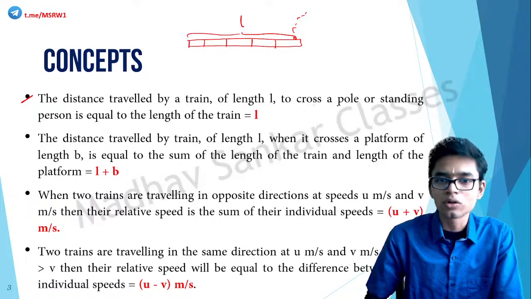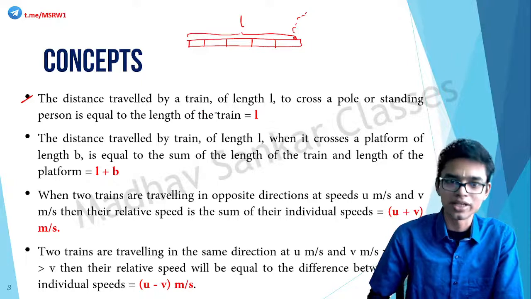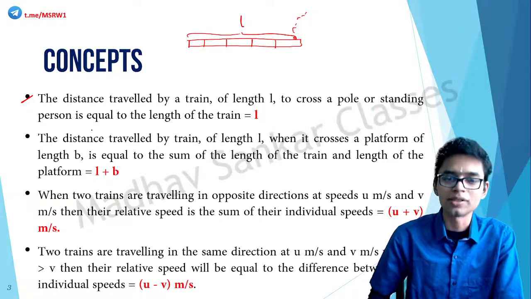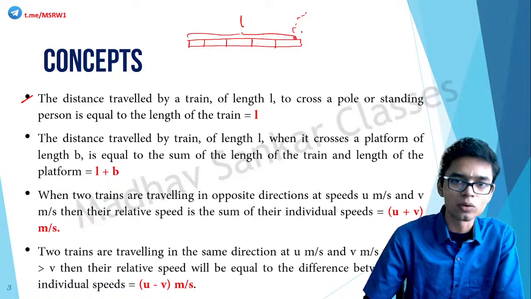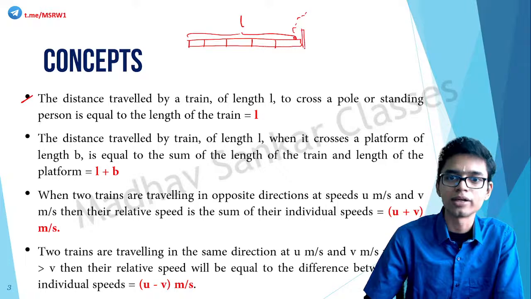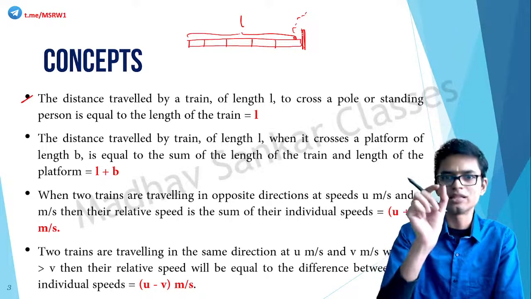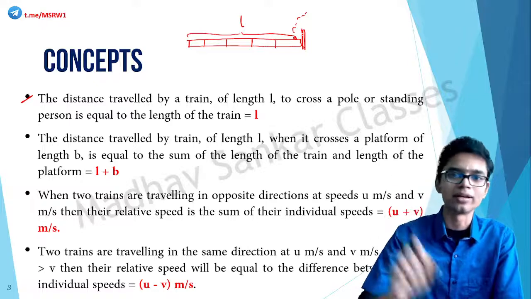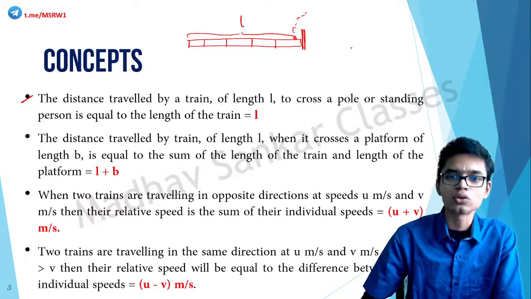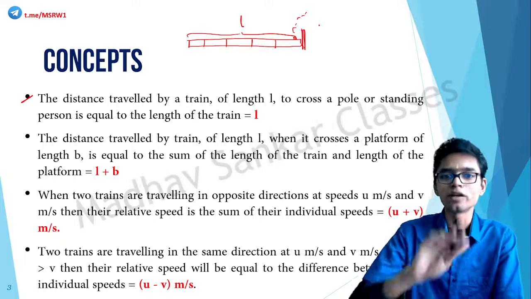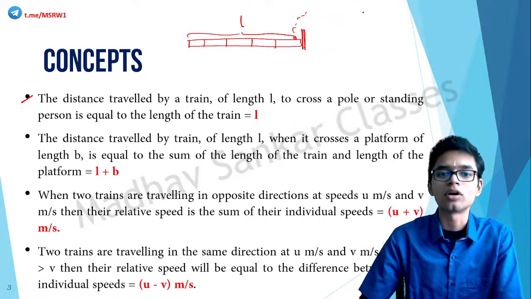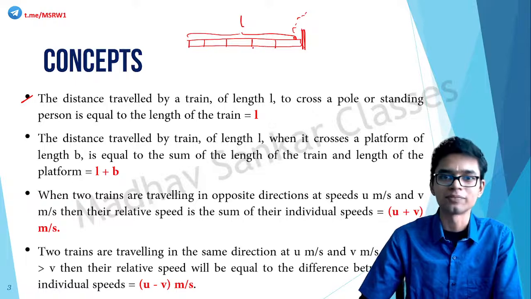The distance traveled by a train of length L to cross a pole or a standing person is equal to the length of the train. Assume that there is a pole or a person here, an immovable object of very small, inconsiderable length. The distance traveled by the train in completely moving past this pole is equal to the length of the train.